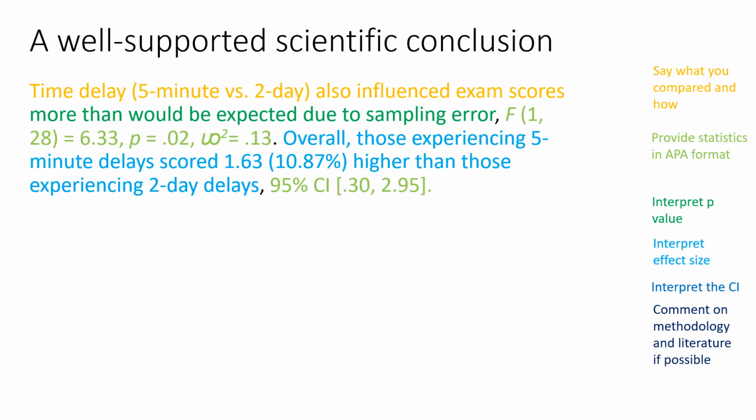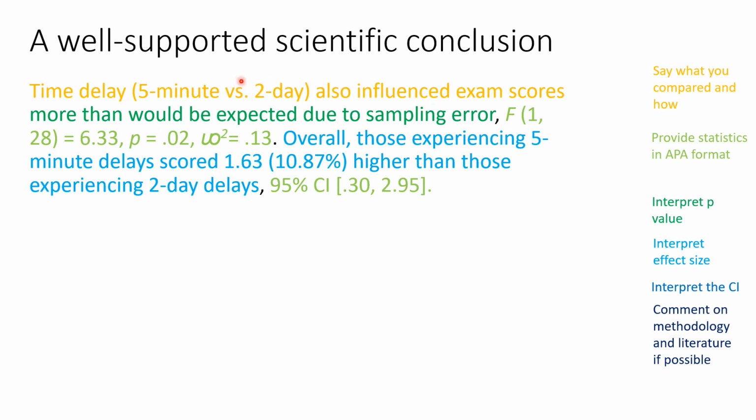This little paragraph is talking about the time delay. That's the next most compelling result. We found that time delay, 5 minutes versus 2 days, also influenced exam scores more than would be expected by sampling error.